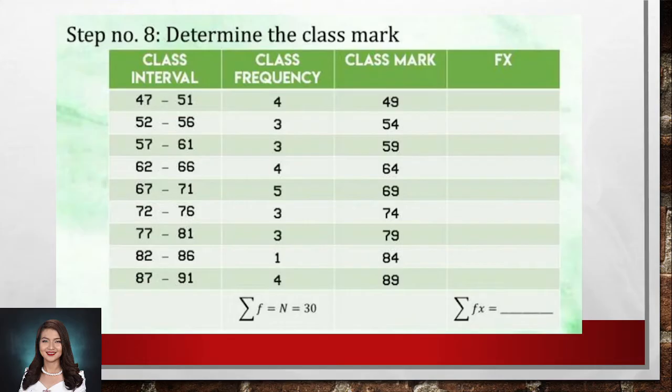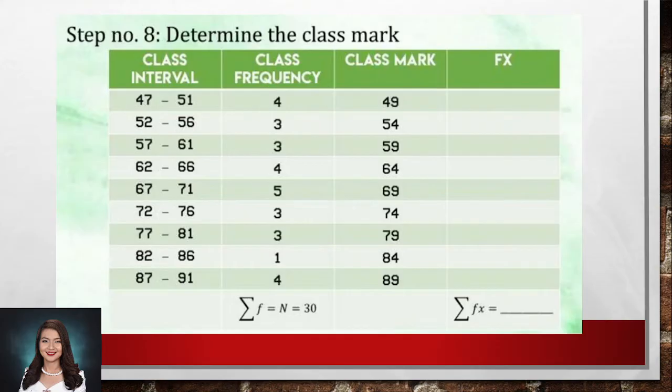Our class intervals are: group 1 from 47 to 51, 52 to 56, 57 to 61, 62 to 66, 67 to 71, 72 to 76, 77 to 81, 82 to 86, 87 to 91. Now, I already included its class frequency.